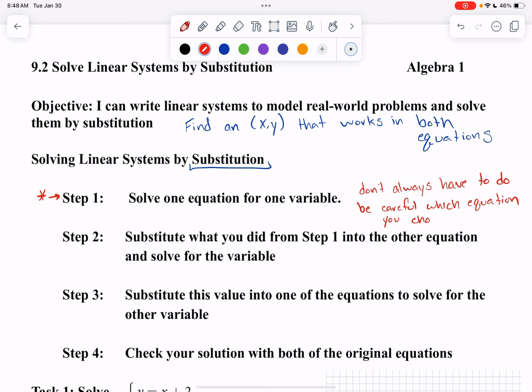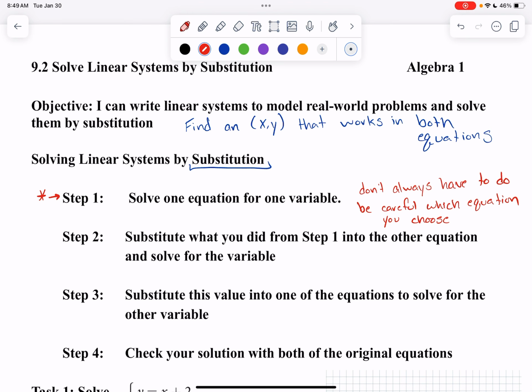And basically what I mean by that is if your problem in the very first step gets really difficult or a lot of crazy fractions and things, you might want to go back and pick a different equation. And so really the method of solving these is 3 people could solve these and do them 3 different ways. It all depends on which equation you pick and which variable you solve for.